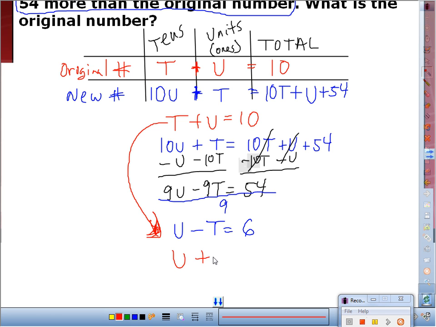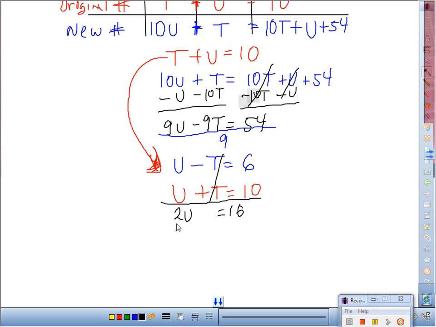U plus T equals 10. So let's see. So this becomes 2U equals 16. Divide by 2, divide by 2, U equals 8.